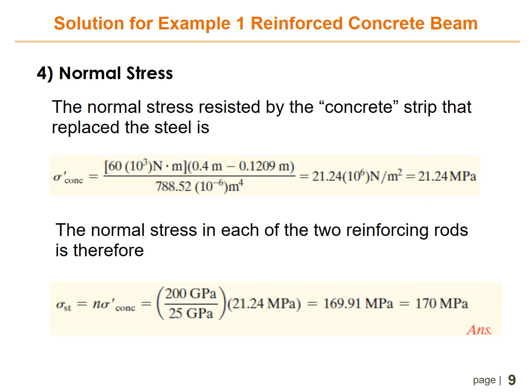And then the normal stress resisted by the concrete strip that replaces the steel is stress prime of concrete equals M y over I, where this one is M, this one is y, and this one is I. So the answer for stress prime concrete is 21.24 megapascal.